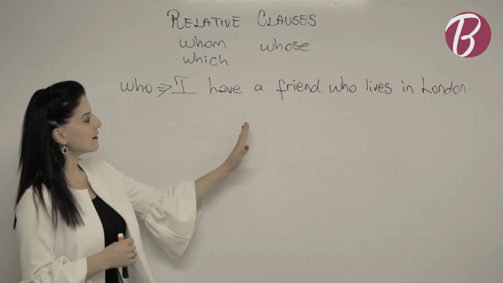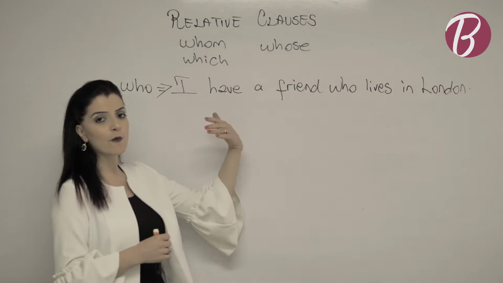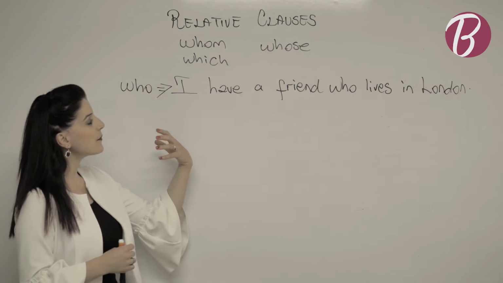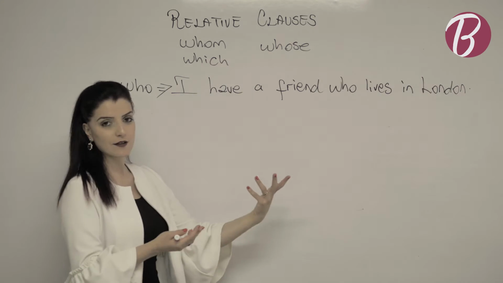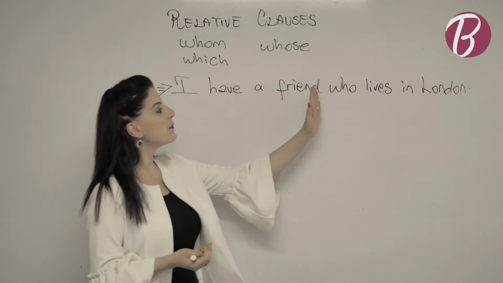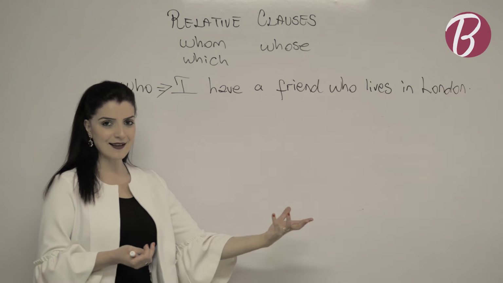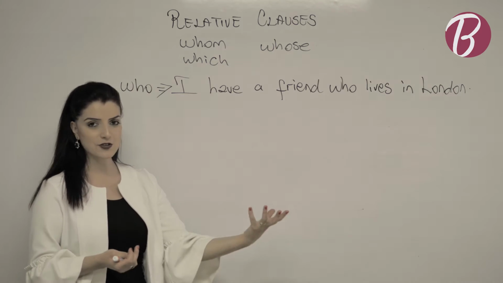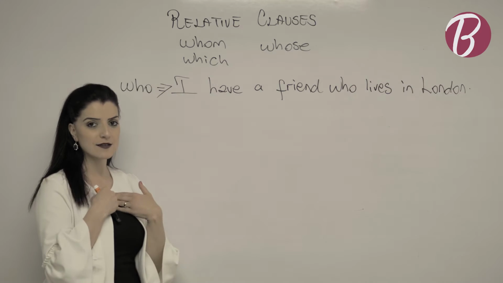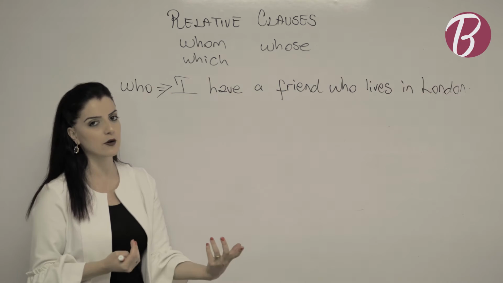In this sentence, you can see I am giving some information, a description about my friend, and with my relative clause you understand more information. You can differentiate my friend, so you understand which friend I'm talking about.